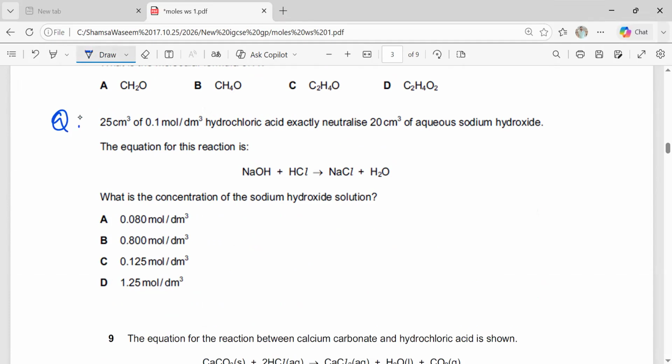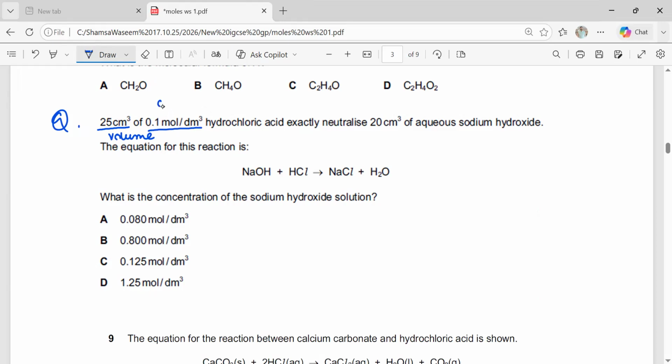See, first of all, we just have to understand the question, what they have given, right? Like 25 centimeter cube. So what is 25 centimeter cube, girls? Ambreen, Anya, Tuba. What is 25 centimeter cube? The volume. Not volume of 0.1 mole per decimeter cube. So what is mole per decimeter cube, bacho?